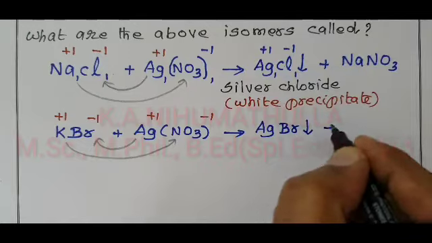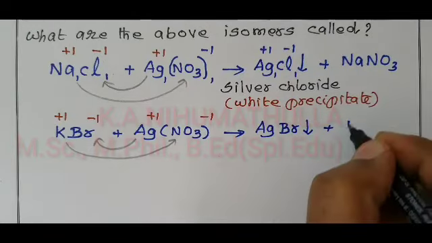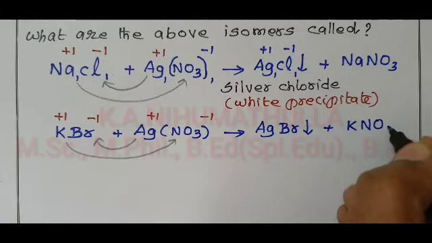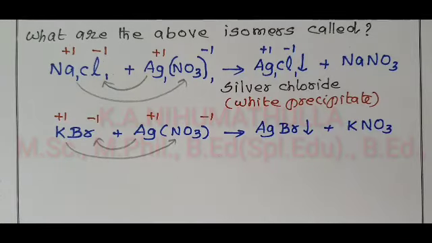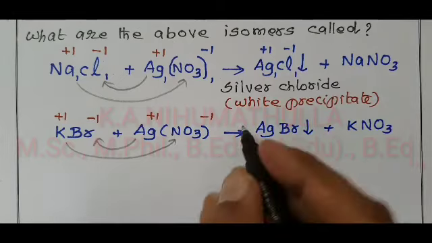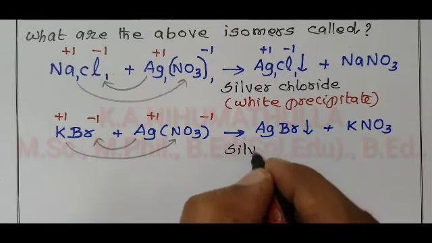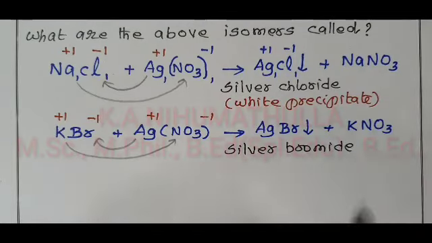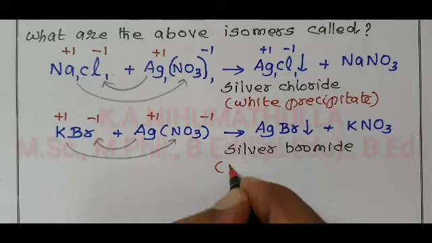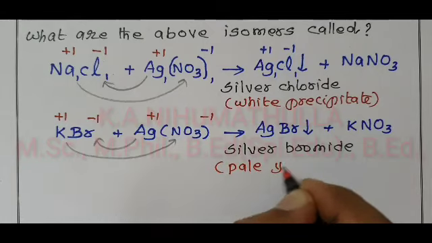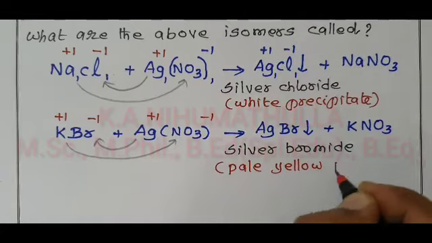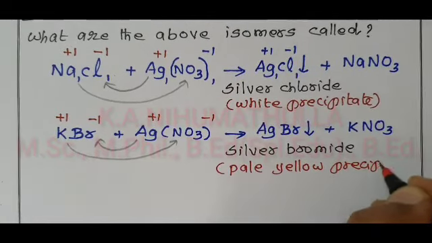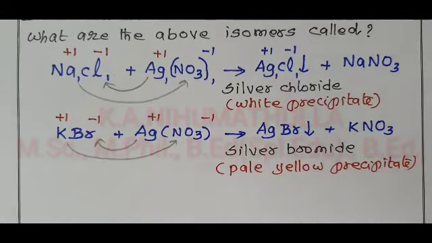A precipitate is formed, and the byproduct formed is potassium nitrate, KNO3. The name of this compound is silver bromide. The color of this precipitate is pale yellow. AgNO3 forms a pale yellow precipitate with a bromide salt.